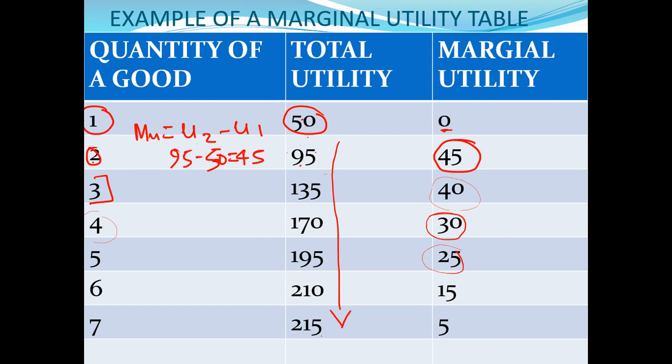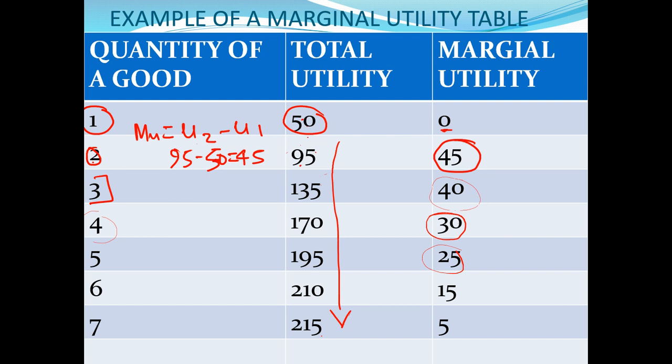But when you look at the impact of each additional unit that is being consumed, the impact keeps on reducing. And that is the concept of diminishing marginal utility, meaning that the increase in utility keeps on falling.